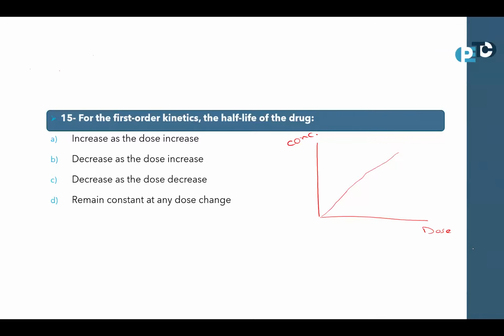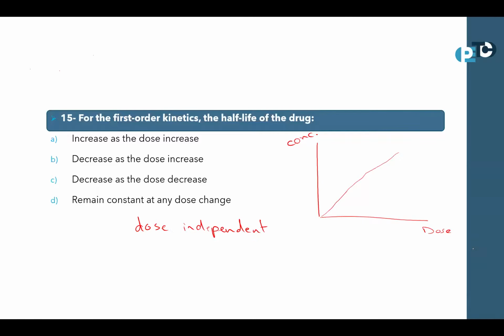All of them will be constant, not affected by increasing the dose. So they are dose independent. Therefore, the T half will remain constant. In another question, it's called dose independent. However the dose increases or decreases, the T half stays constant. This is the case for most drugs, which have a specific T half.